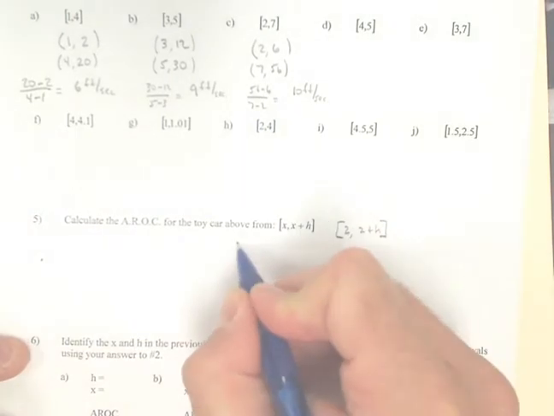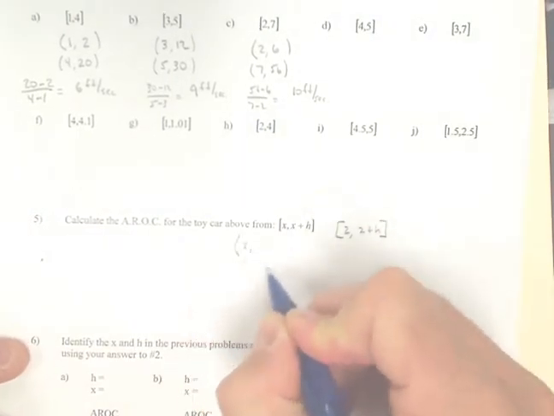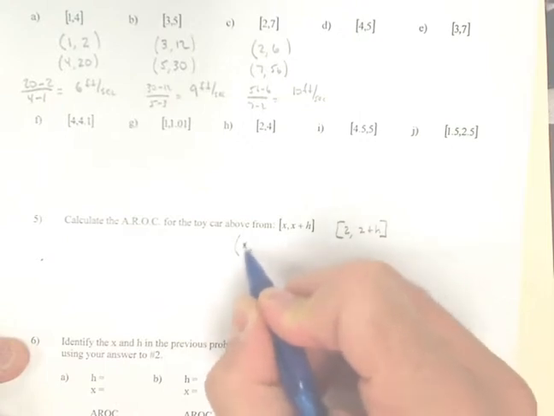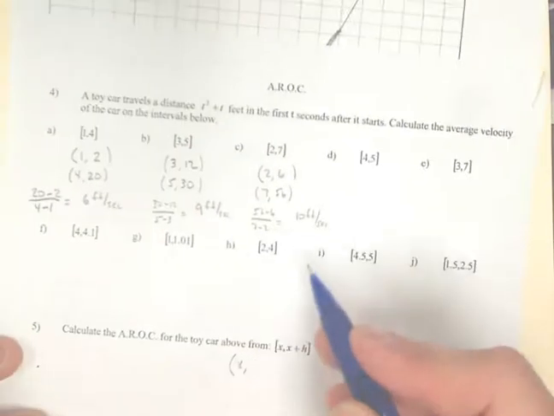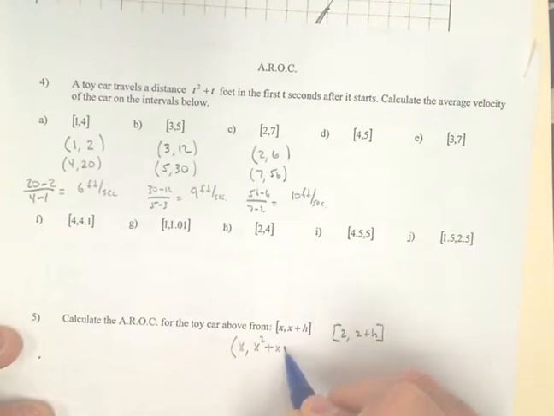That means the first coordinate point is x comma something. Now how did we find the y value? By plugging this x value into that equation. So we have to plug x into the original equation, this t squared plus t thing, and we would get x squared plus x.